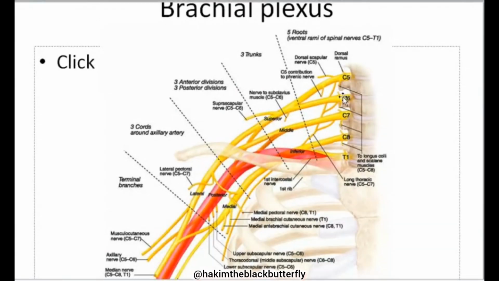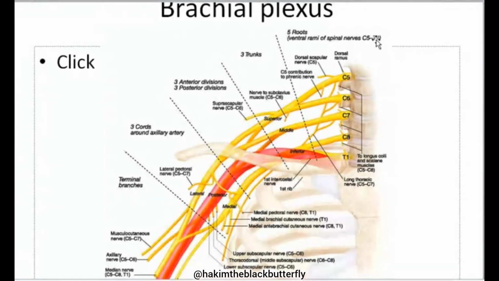So these spinal nerves, which give rise to the brachial plexus, we call them roots of the brachial plexus. The roots of the brachial plexus are made up of the ventral rami of spinal nerves C5 to T1.